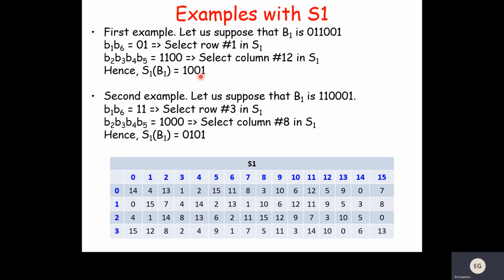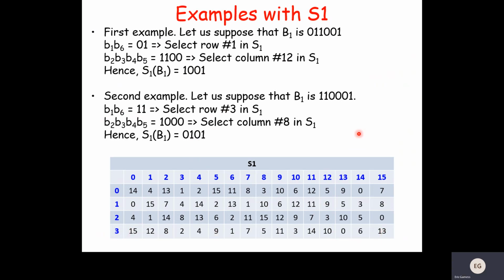Let's see a second example. Let's say that this one, B1, is this block of 6 bits. And I need to know the 4 bits that will replace these 6 bits. So I take bit 1 and bit 6. So it's 1, 1. As you can see here, bit 1 and bit 6 will be 1, 1. 1, 1 gives me 3. So I need to select row 3.